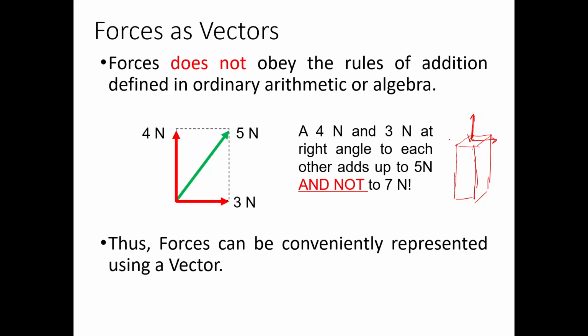Of course, forces do not follow the rules of ordinary addition. To add up the resultant, you may know this from physics, you need to use a particular technique. You cannot just add them up since this one is vertical and this one is horizontal. You cannot add two different forces having different directions, but you can add forces having the same direction.